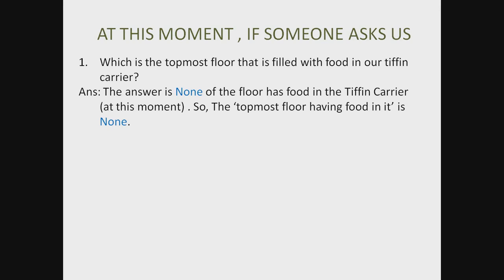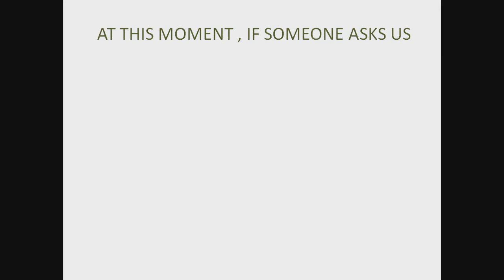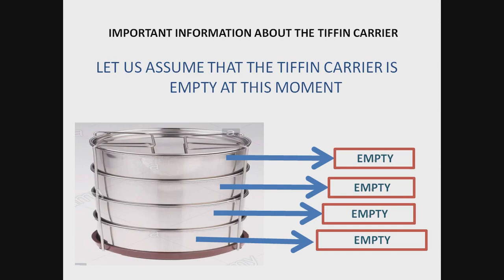And if somebody asks which is the topmost floor that has food in the tiffin carrier, you will actually wonder what he is asking. Topmost floor which has food in it.